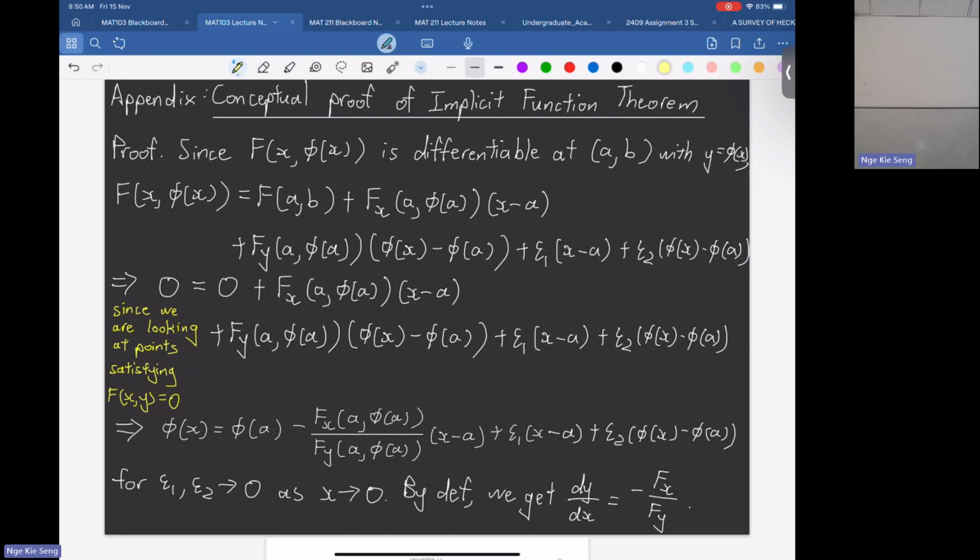And (a, b) is also inside the level curve, so it is 0. So what you are left with is this whole bunch of things with epsilon. You only have the terms with the partial derivatives and the epsilon guys. You're left with these four terms, so we need to use them to assemble into this equation.